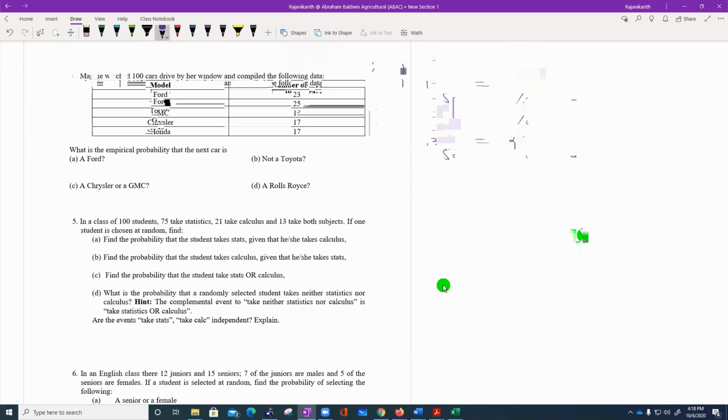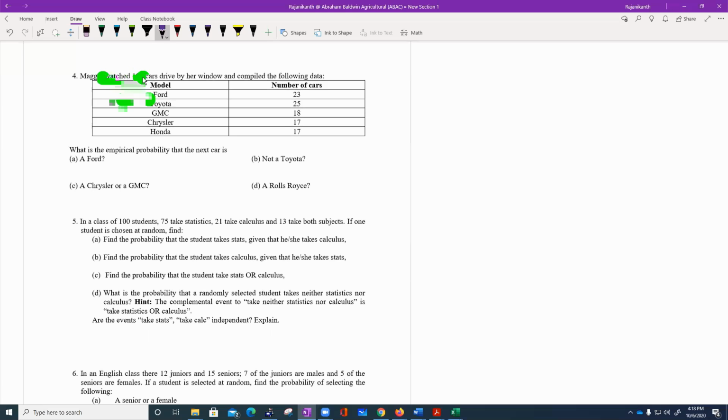For number 4, you are given a table. So there are 100 possible car brands given here. So what is the chance of having the next car means, you are looking for the probability based on this table. So what is the chance of having a Ford? So you have to check how many Fords are there. So in total, find the total, right?